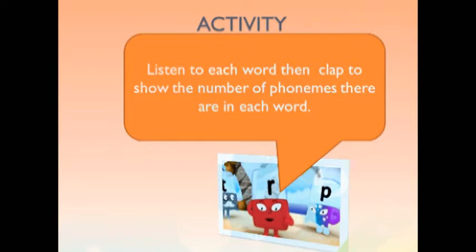Here is an activity. Listen to each word, then clap to show the number of phonemes there are in each word. The word is maybe. How many phonemes did you identify? M, A, B, E. Yes, boys and girls, there are 4 phonemes in that word.